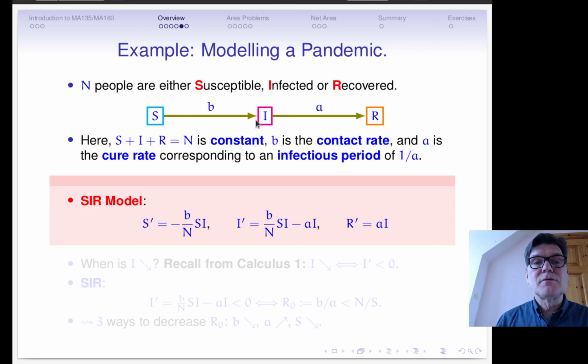It's the product of these two quantities which describes the total possible contacts between infected and susceptible people.